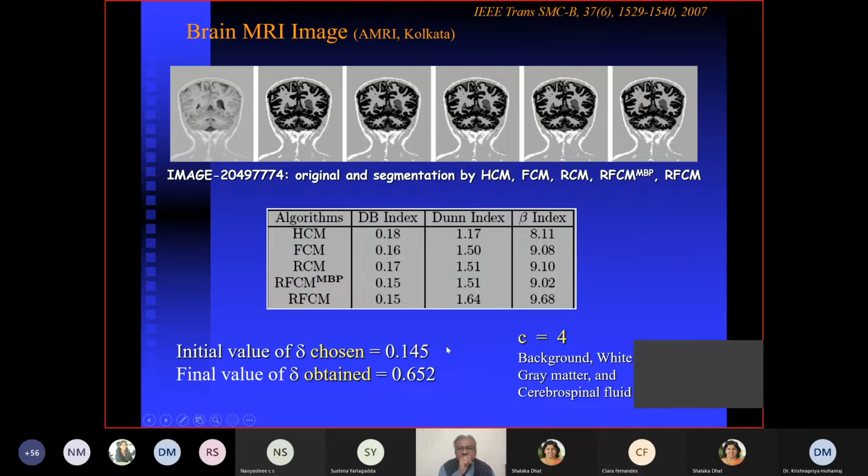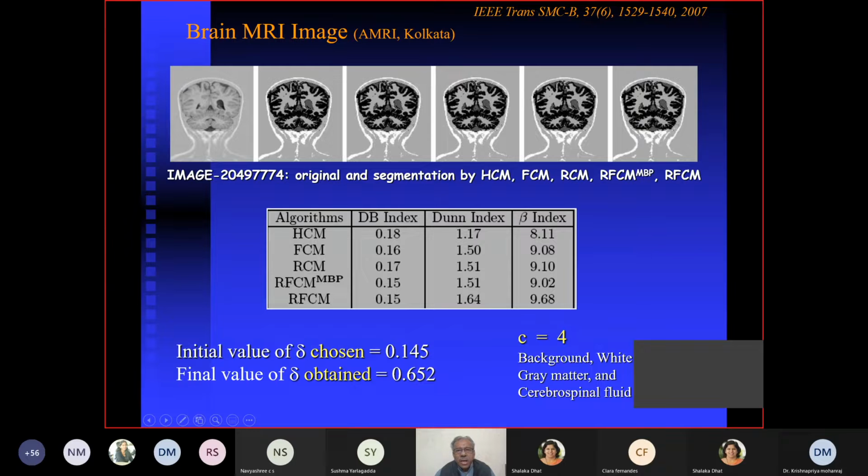Delta is the difference of the first two membership values. When you compute the membership values for every pattern belonging to the four clusters, you take the difference of the first two membership values. The difference initially will be less, but as iterations go on, it will be more. That means the separation will be more. I will show it in the graph.